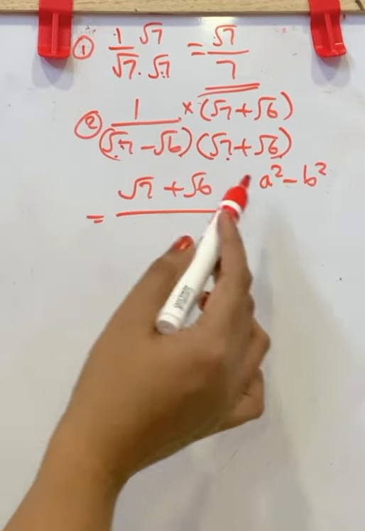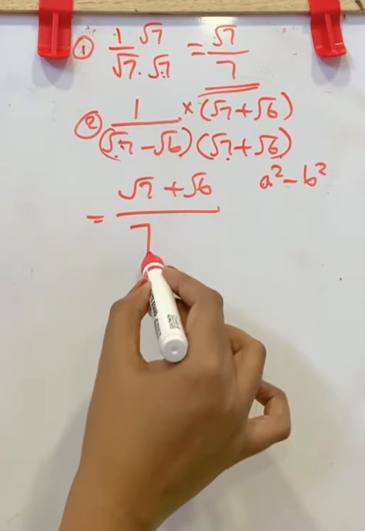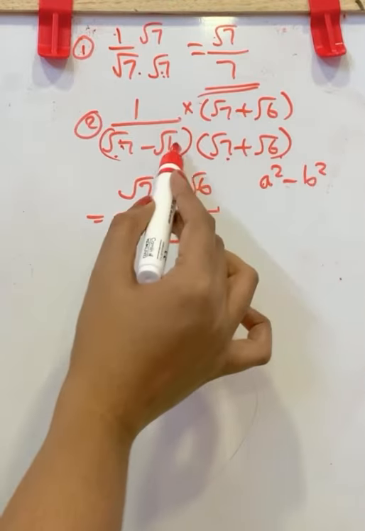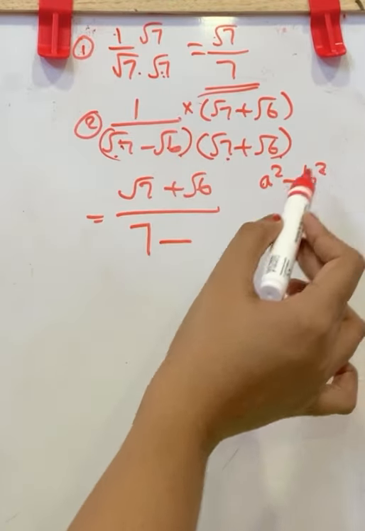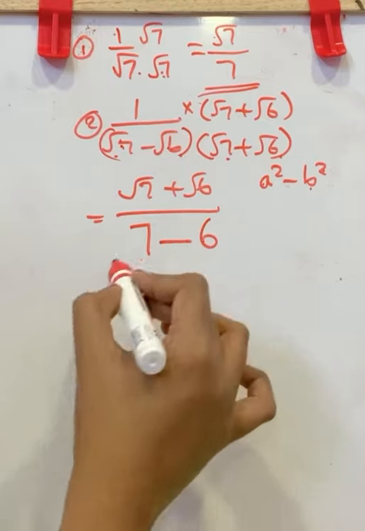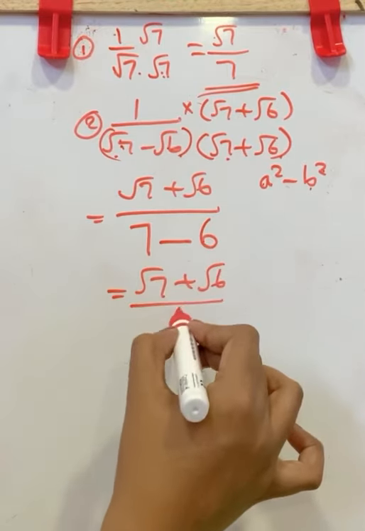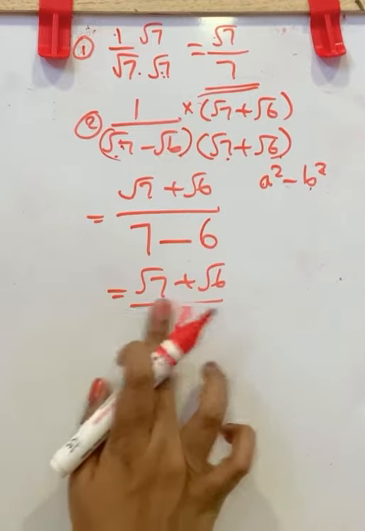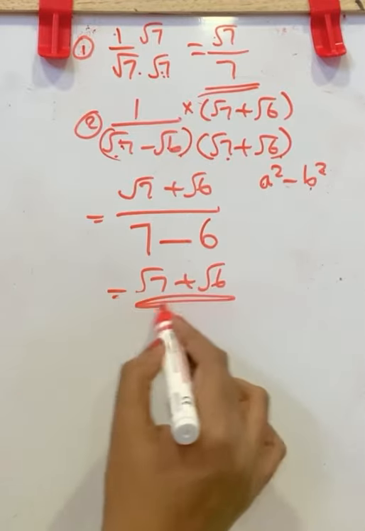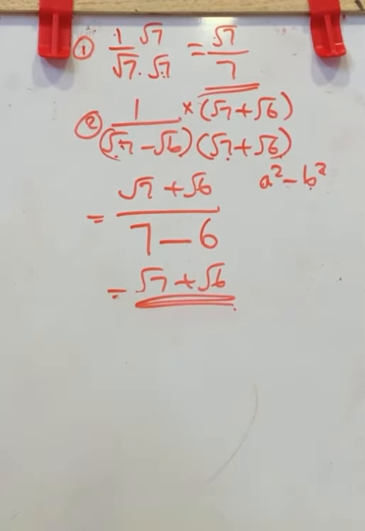A is root 7, root 7 square is 7, minus b is root 6, root 6 square is 6. Here we get root 7 plus root 6 by 7 minus 6, which is 1. By 1 means you don't have to write the denominator, just write root 7 plus root 6. If you write by 1, it is also the correct answer.